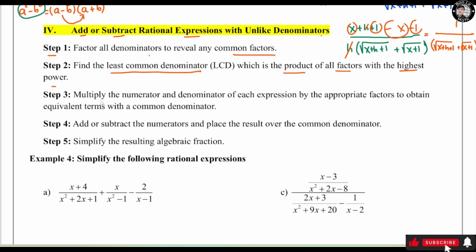Step number 3, multiply the numerator and denominator of each expression by the appropriate factors to obtain equivalent terms with a common denominator. Step number 4, add or subtract the numerators and place the result over the common denominator. Step number 5, simplify the resulting algebraic fraction.